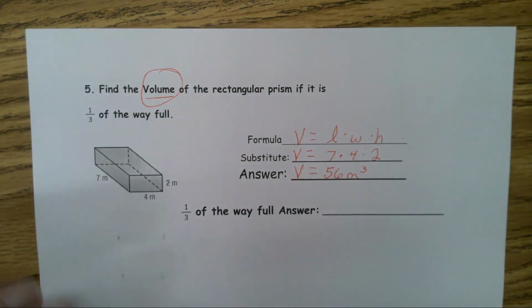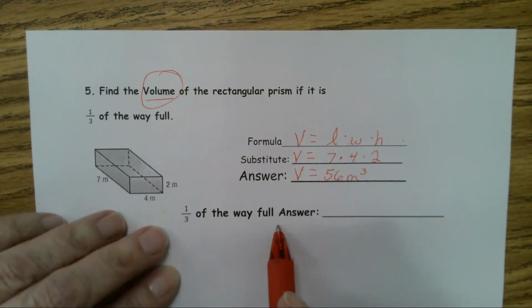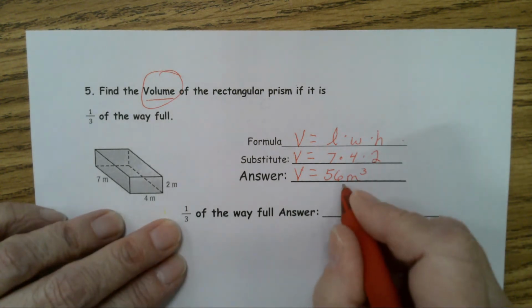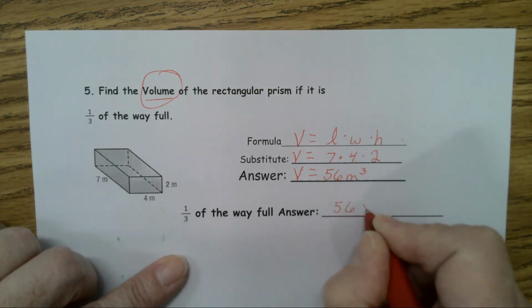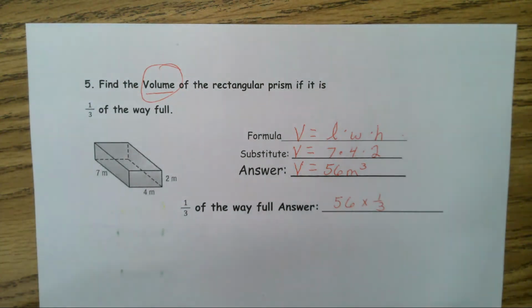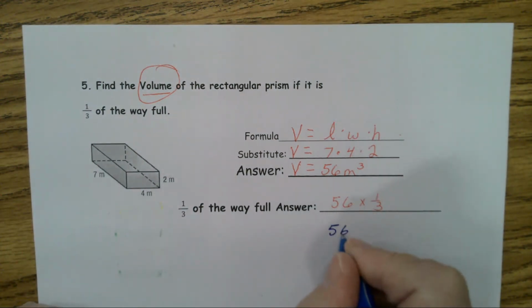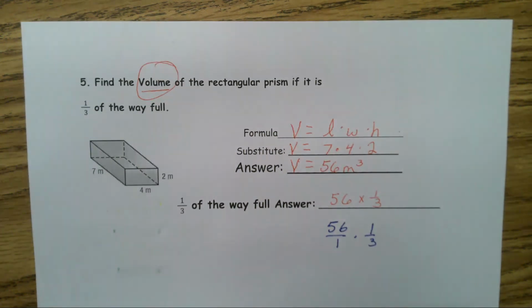Now it wants to know what is the answer if it's 1/3 full. All you do is you take this answer times 1/3. So 56 times 1/3. How do we multiply fractions? Well, it's 56 over 1 times 1 over 3.